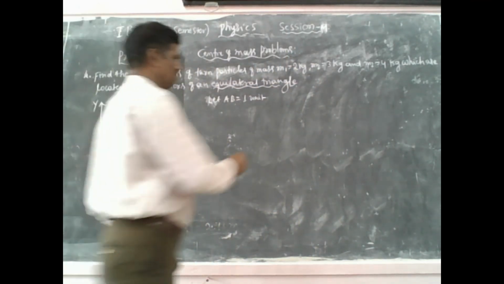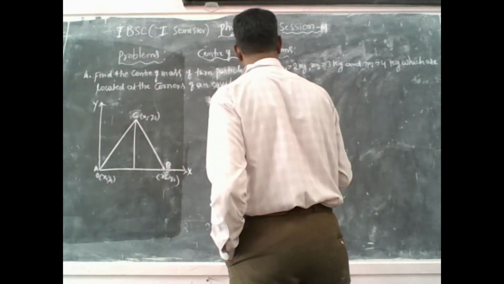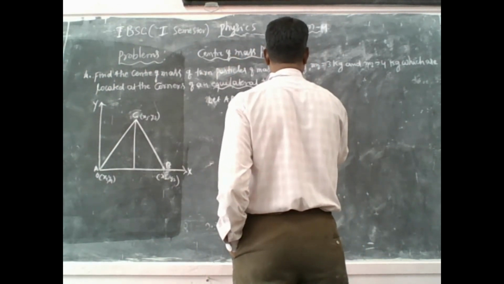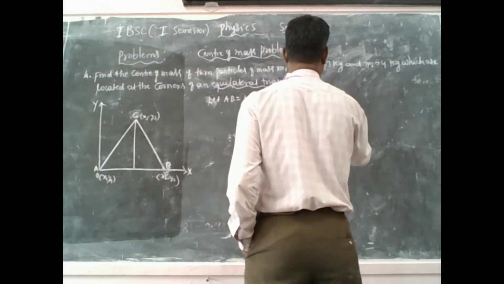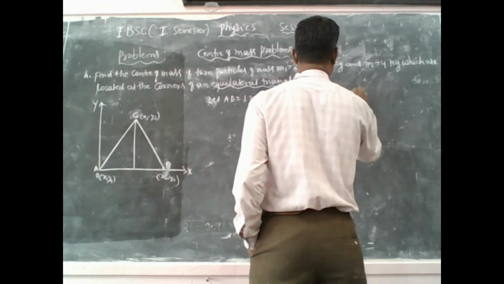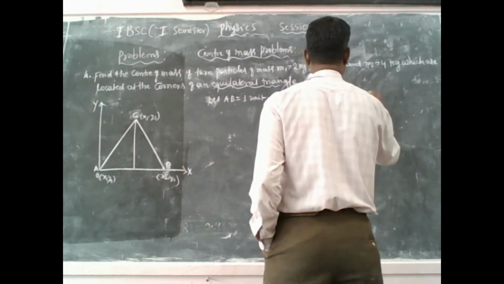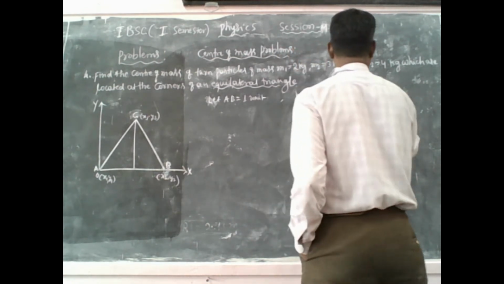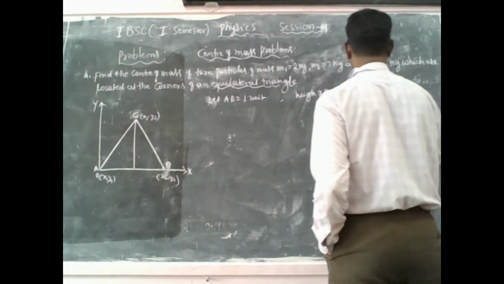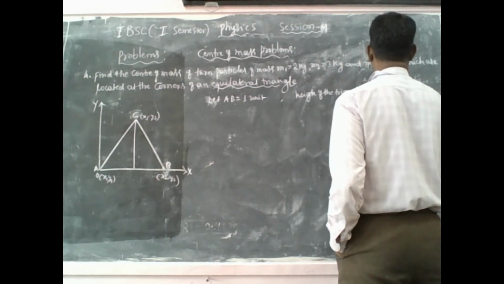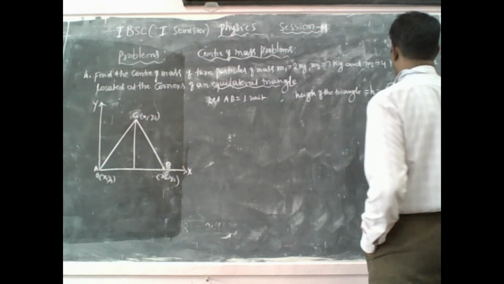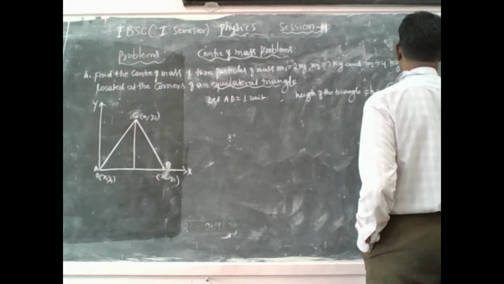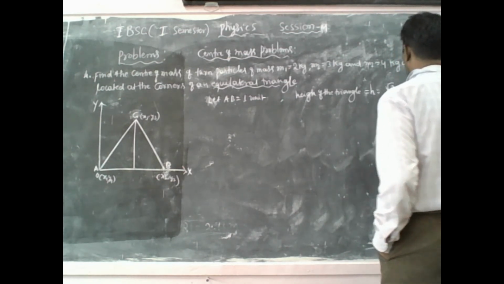We know from basic knowledge that the height h is equal to root 3 by 2 into a, where a is equal to the distance, that is 1 meter. That's why h equals root 3 by 2.